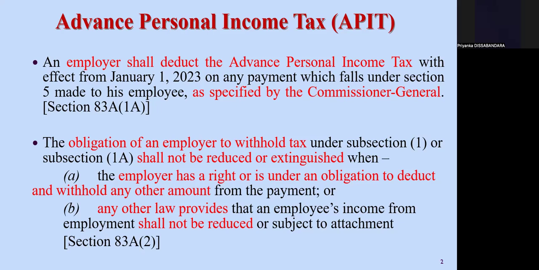That means we had three types of treatment for advanced personal income tax and withholding tax on employment income. From the Principal Act it was a compulsory deduction, but in the period from April 1st, 2020 to December 31st, 2022, it was not a compulsory deduction. Only with the consent of the employee, the employer deducted advanced personal income tax.